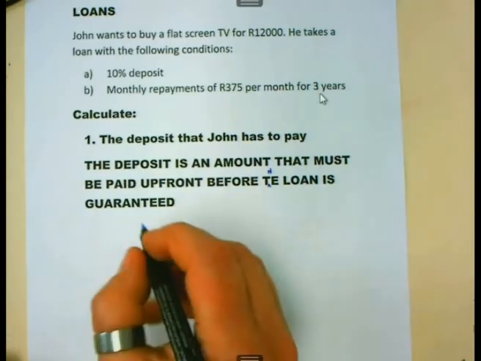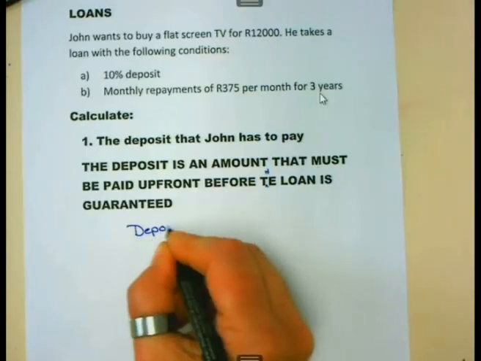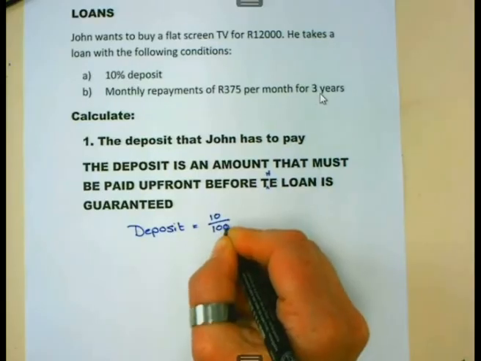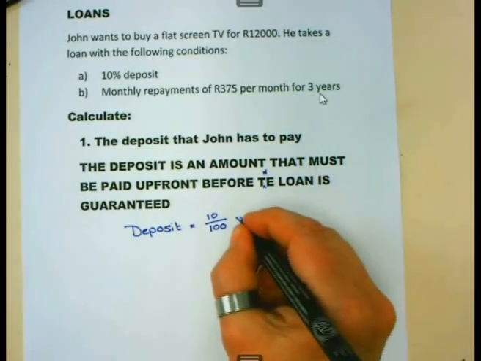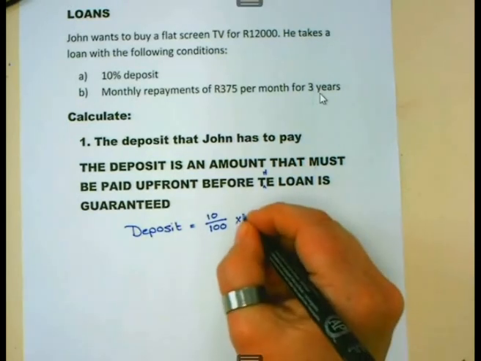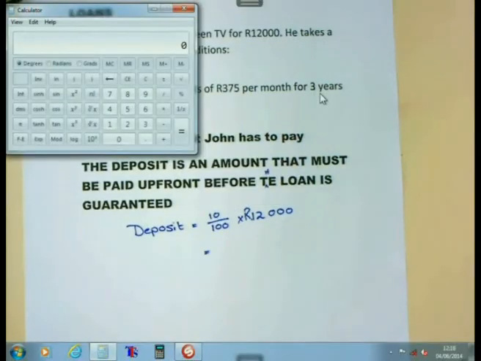He must pay a deposit of 10%. Remember that 10%, the percent always means 10 divided by 100. And the 10 divided by 100 must be calculated on the full amount of 12,000 rand that the TV costs. If I work that out with my calculator, I see it is 10 divided by 100 multiplied by 12,000 rand.